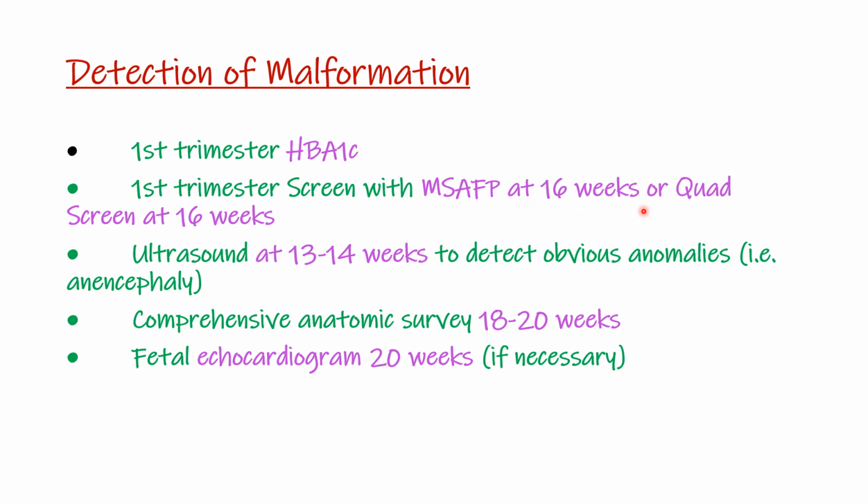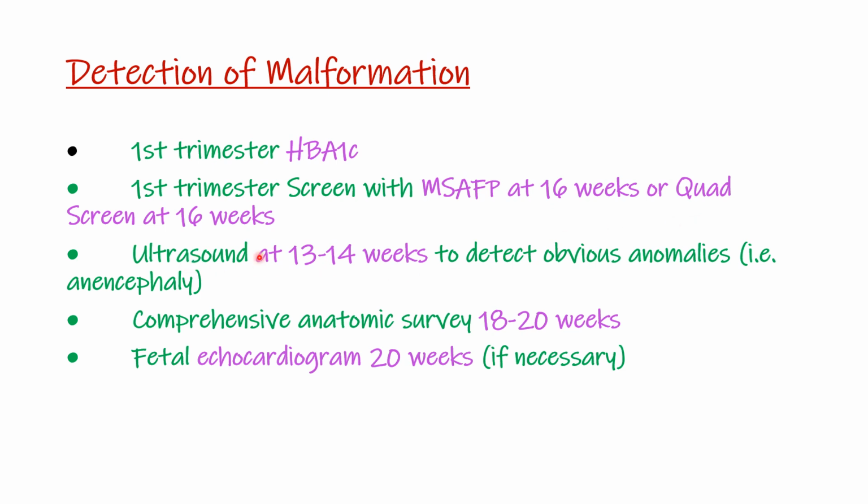and the quad screen test, which includes alpha fetoprotein, beta HCG, in addition to that, unconjugated estriol and inhibin A. So it is a test that contains four components: beta HCG, alpha fetoprotein, inhibin A, and unconjugated estriol.